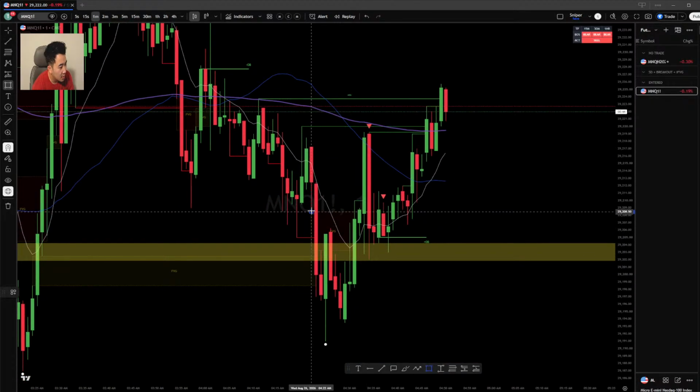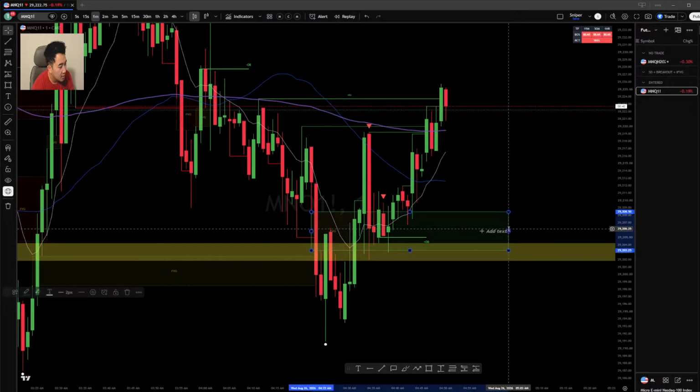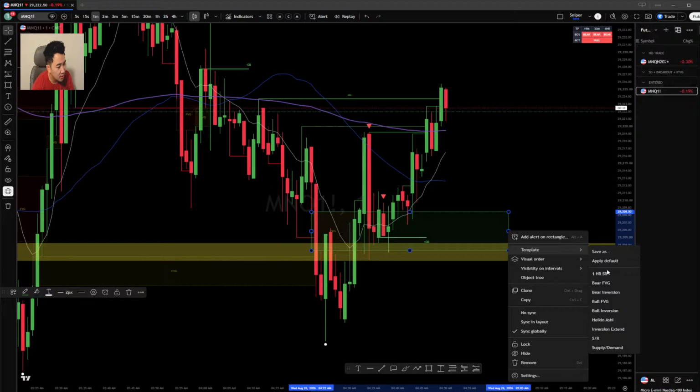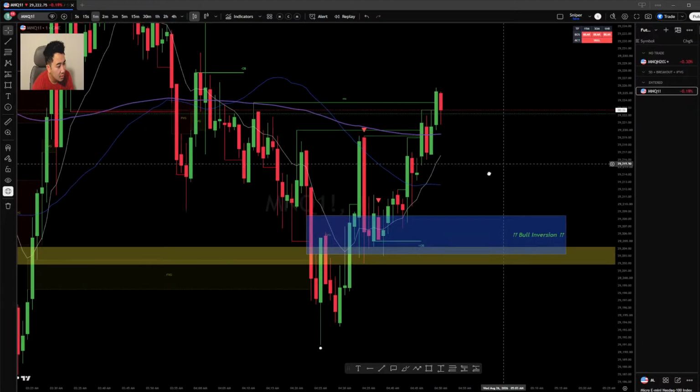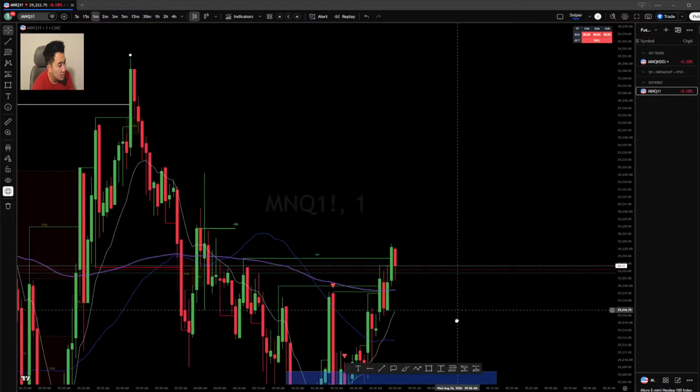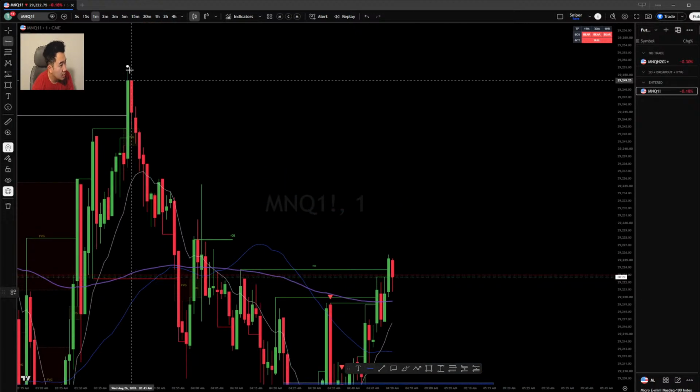At the bottom here we had this bearish gap becomes bullish inversion. See here, liquidity 1 minute up here.